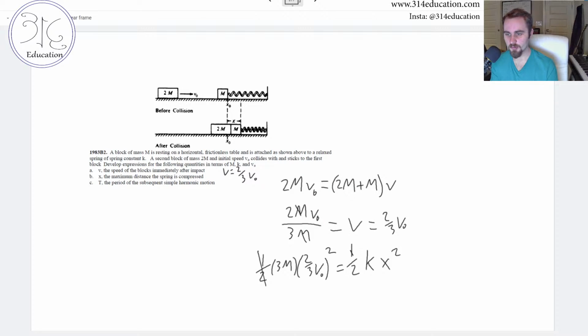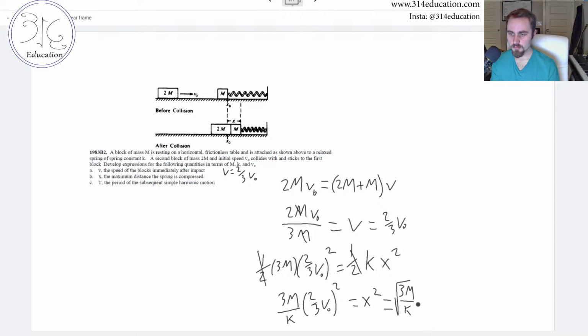So we'll multiply both sides by 2, divide by k, and take the square root. So we'll have 3m over k times 2/3 v naught squared is equal to x squared, not v squared, excuse me. We'll take the square root of everything, and that was not meant to be a 2, that was meant to be a 3.